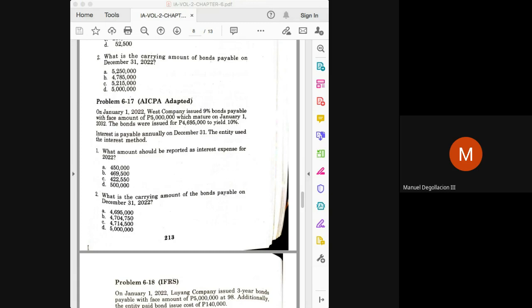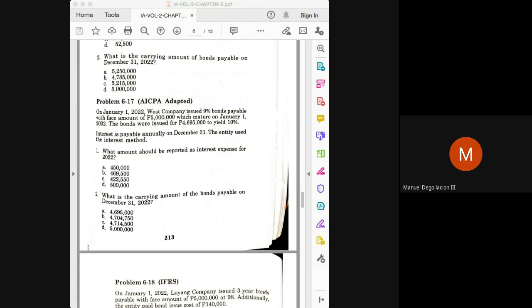But since there is an additional interest expense arising from the amortization of the discount, the total interest expense for year one using the straight line method would be 480,500.